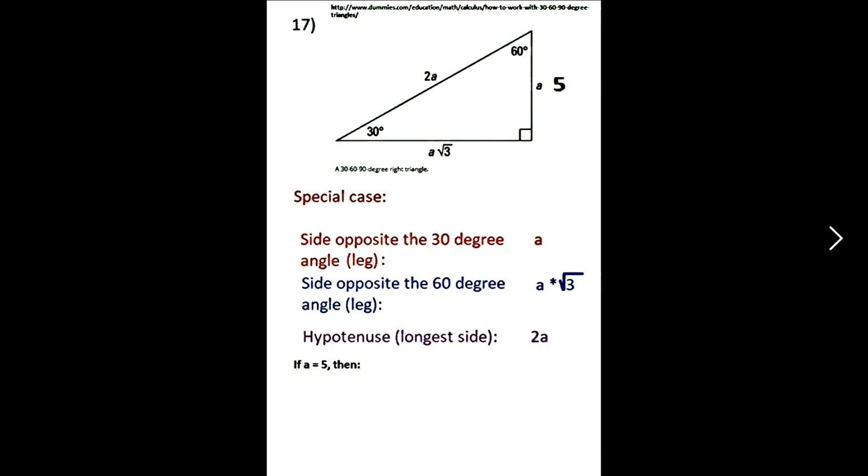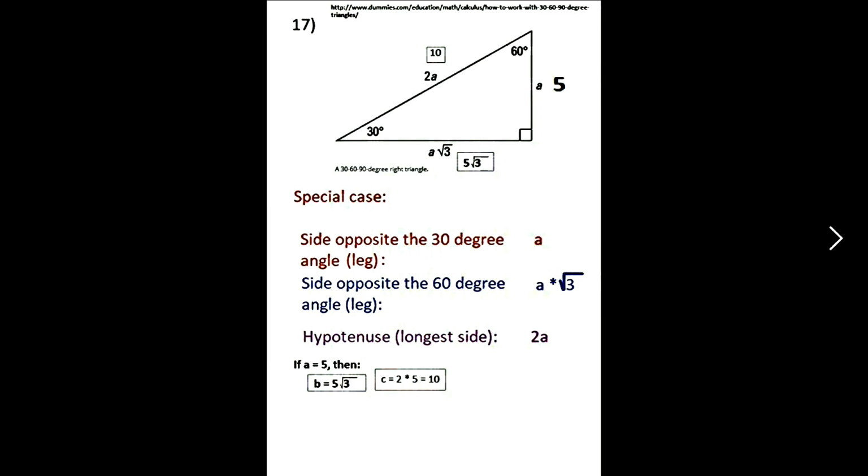If A equals 5, then what we would normally call B is just 5 times the square root of 3. That's it. You don't have to do any other math other than that. And C, our hypotenuse, is 2 times 5, which is 10.